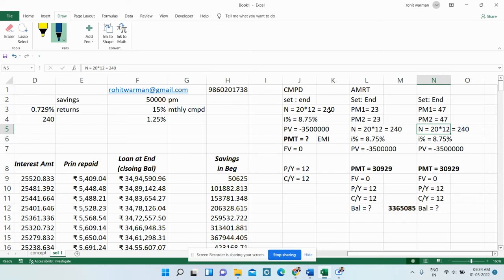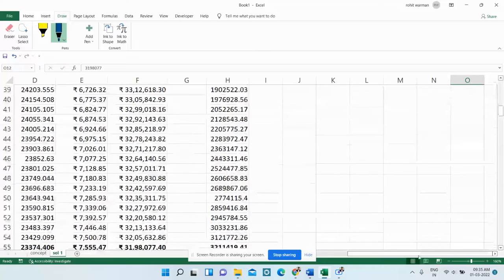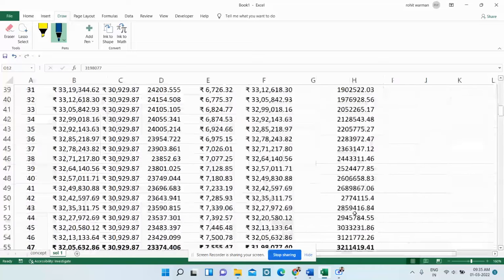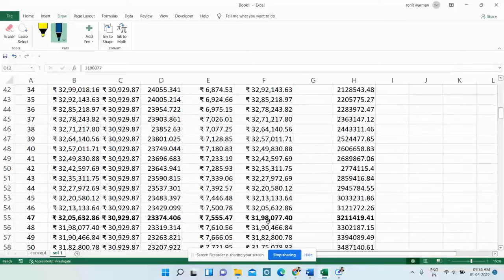Again you go to the balance and solve it. And what I'm getting is 31 lakh 98,077. Let me see here. Yes, so I'm getting that, 3198,077.